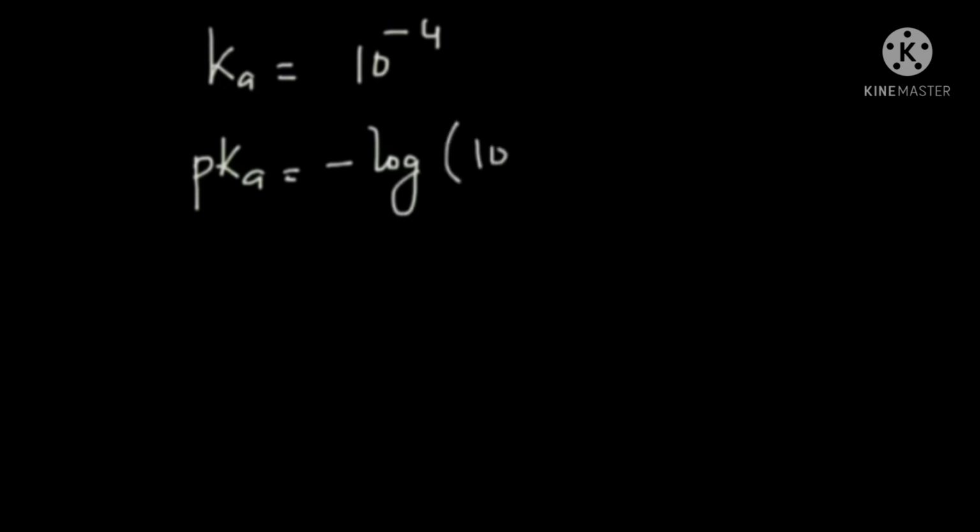Let's say we have Ka equals to 10 to the power minus 4. Then pKa will become negative log 10 to the power minus 4, which is equal to negative of minus 4, which comes out to be 4. Now something very interesting is happening here.